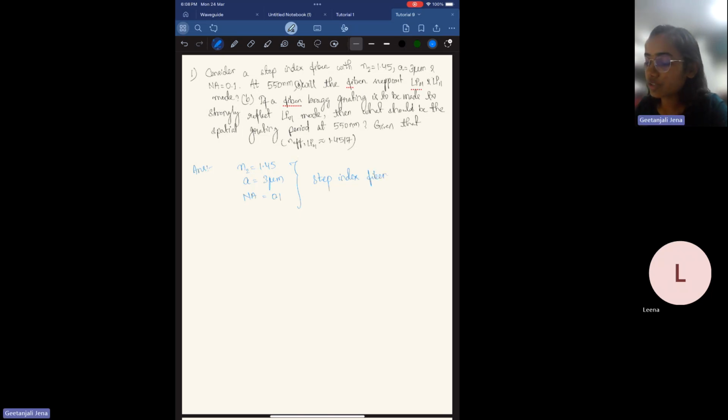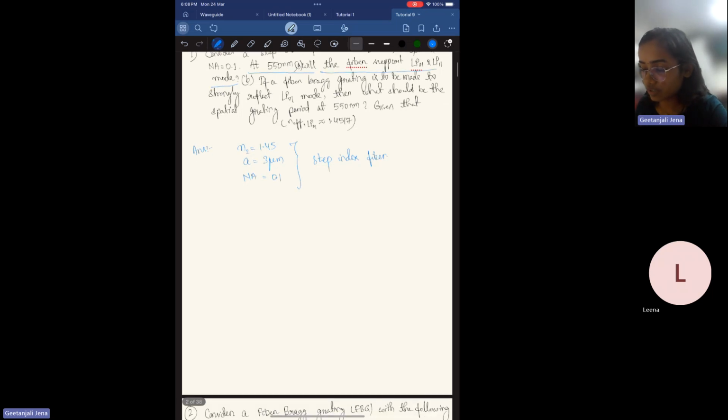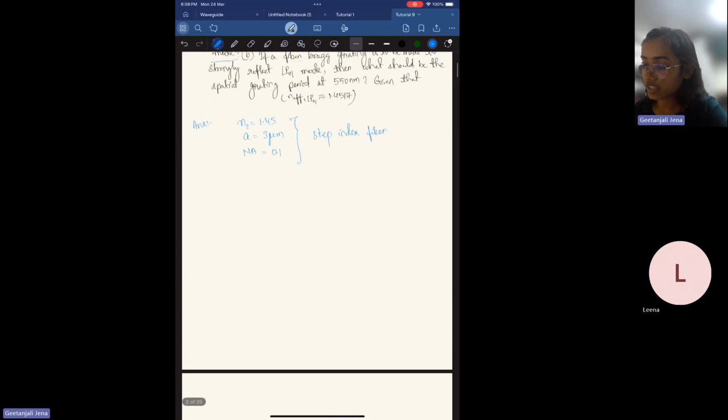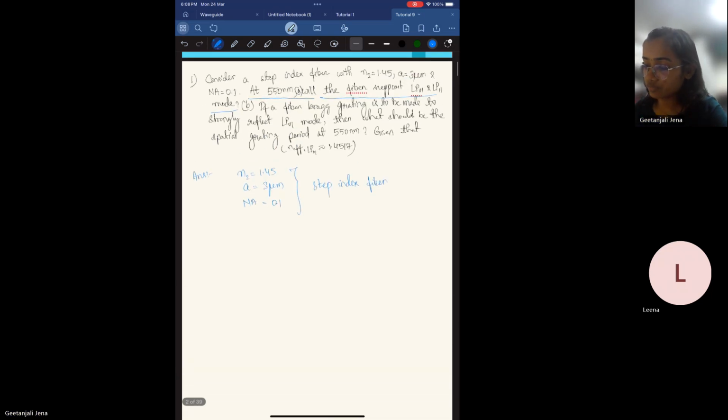The first part of the question asks, at 550 nanometer, will the fiber support LP01 and LP11 mode? If you recall, we have already seen this a few lectures back: the conditions for a step index fiber to support certain modes.